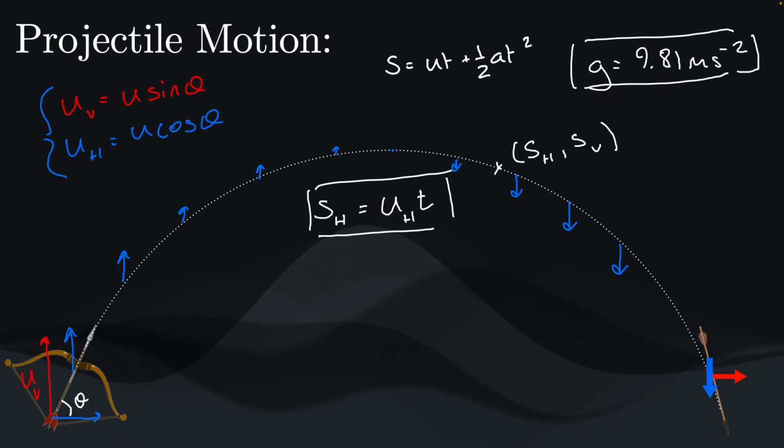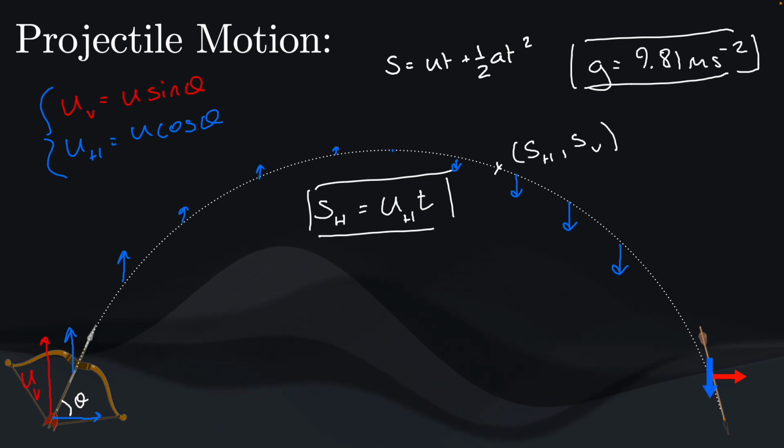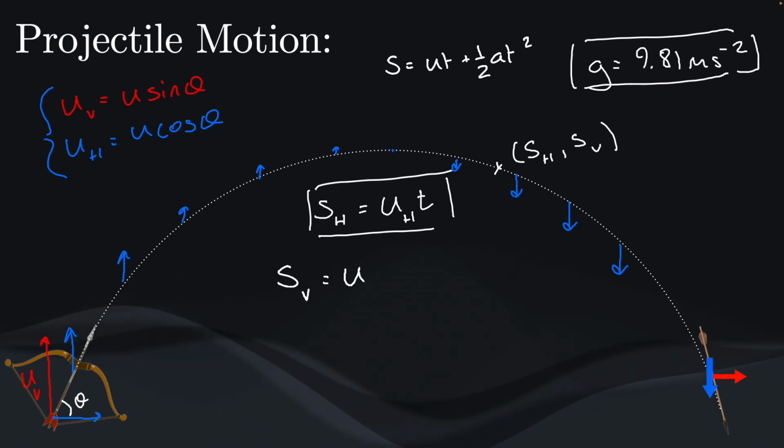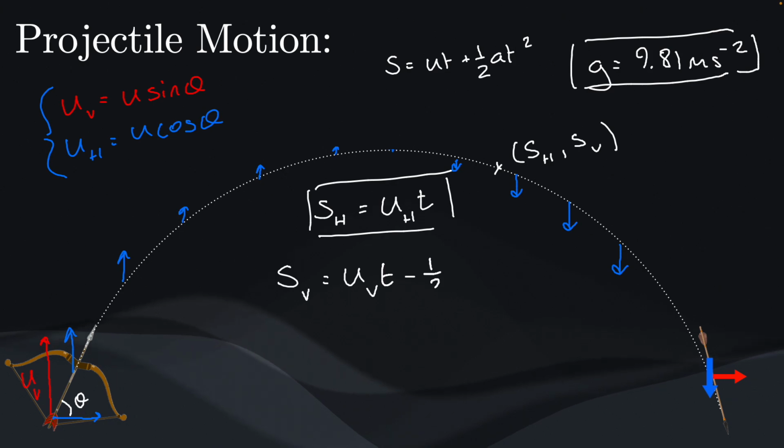But g, the acceleration due to gravity, like I said previously, always acts downwards, so we represent it as negative. So what we can put is S of v is equal to u of v, the initial vertical component of the initial velocity, times t, minus half g t squared.